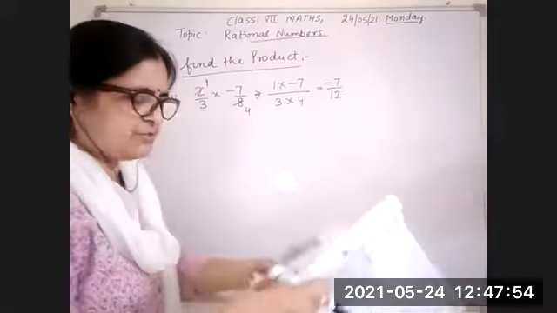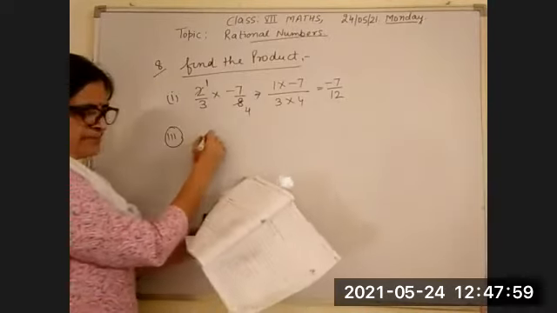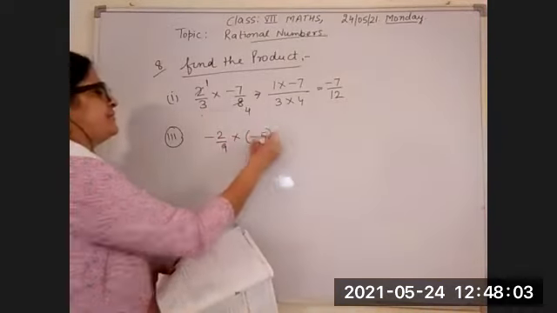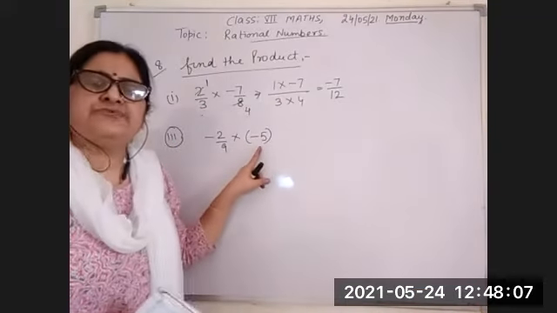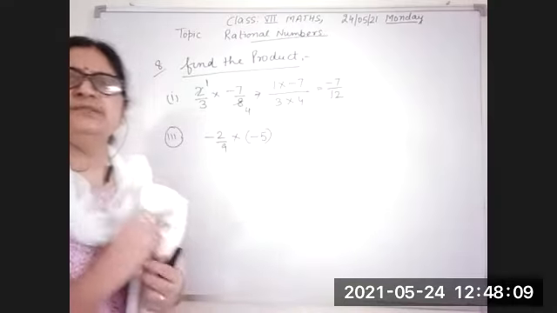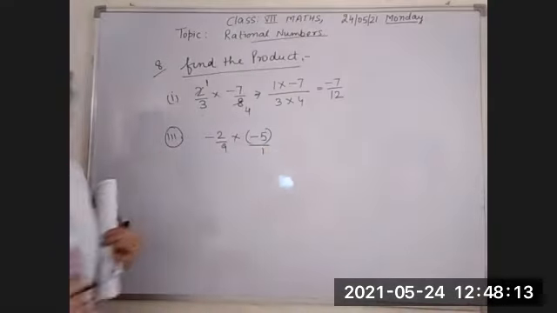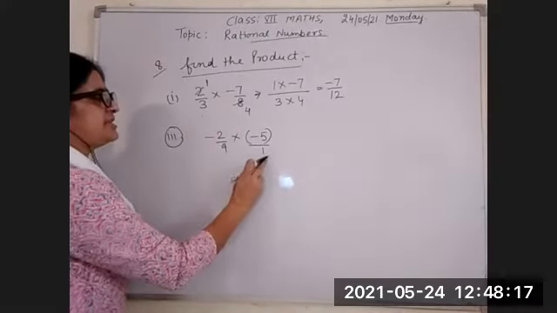Now the second part you will do yourself, and the third part I am doing here. Minus 2 upon 9 into minus 5. Minus 5, the numerator is given but the denominator is not given, so in place of the denominator you will put plus 1.